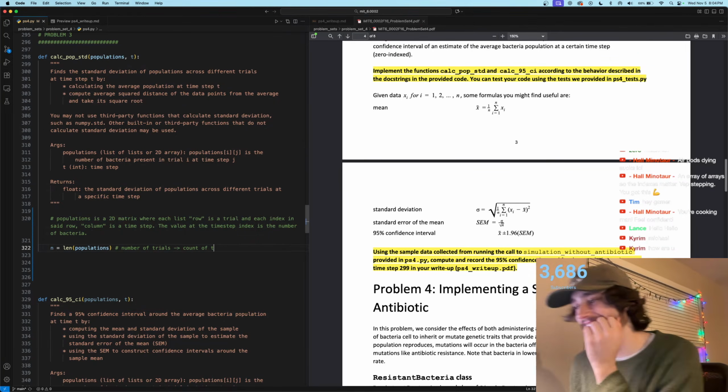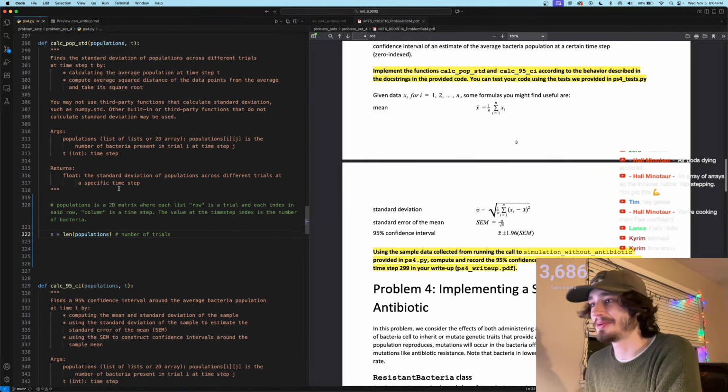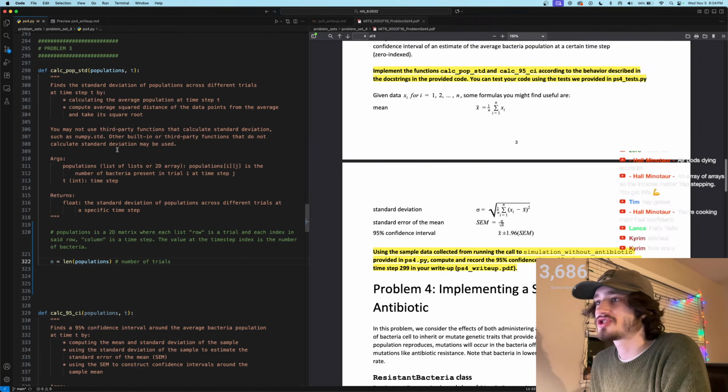I don't know. That's the best way I can think about naming it. Okay, so we have the number of trials here for this problem.